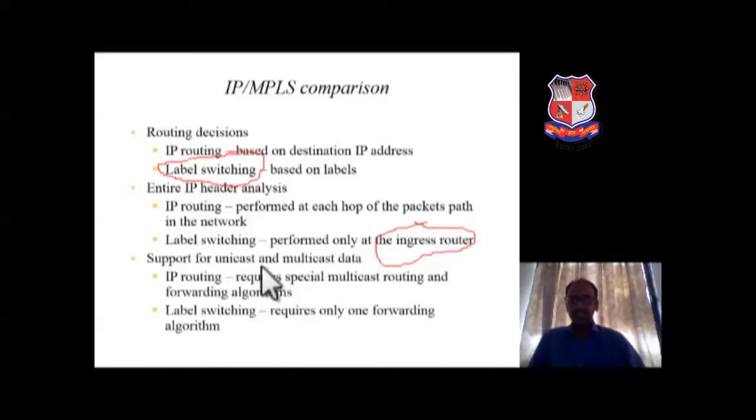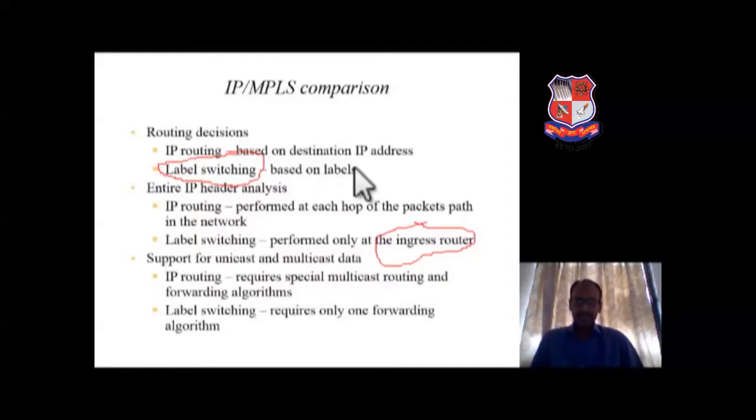Another thing is support for unicast and multicast data. In IP, routing requires special multicast routing and forwarding algorithms. Already we have seen in our syllabus how unicast routing algorithms work and how multicast routing algorithms work. Multicast routing is itself a challenging task, so IP has a separate mechanism to deal with it.